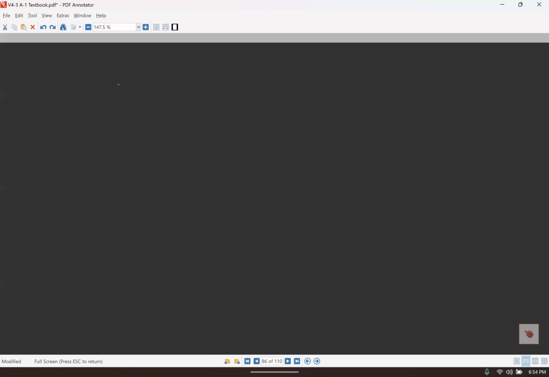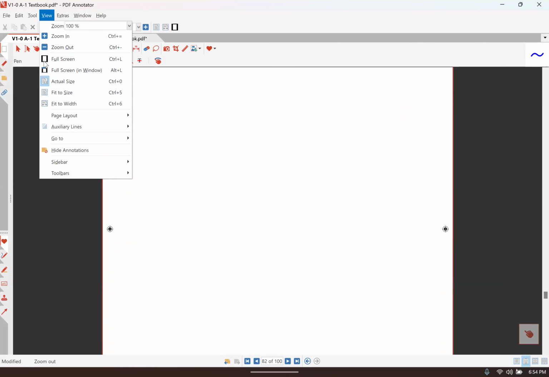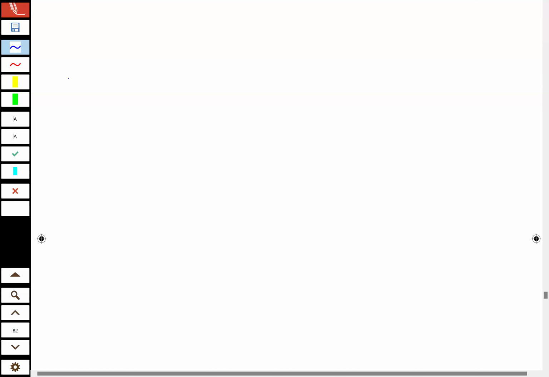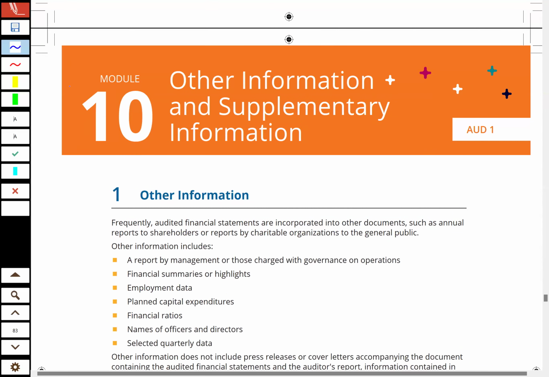Let's go. I think what we're going to do, guys, is do one more module tonight. We're going to save that last module because it's not a really hard module, but you have to focus. I'm thinking we've given you a lot of information tonight, and you have to focus to really understand what's going on when we're providing an opinion on statements that are prepared using another basis of accounting other than GAAP.